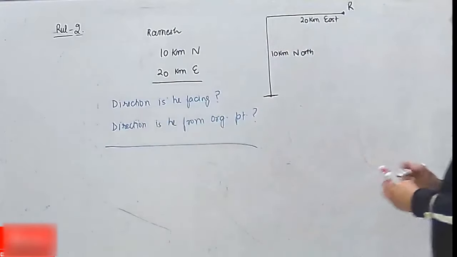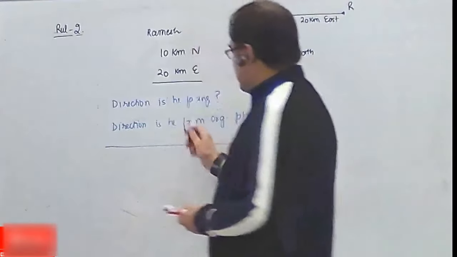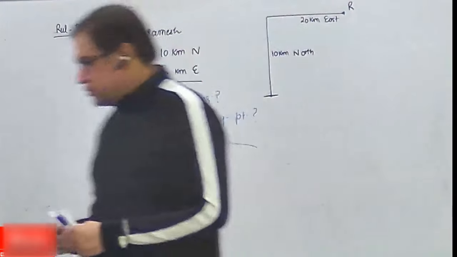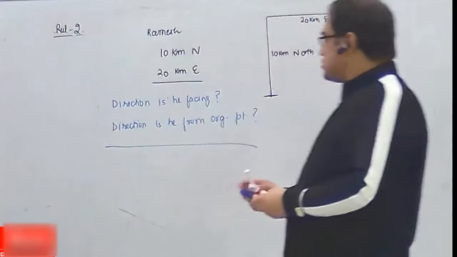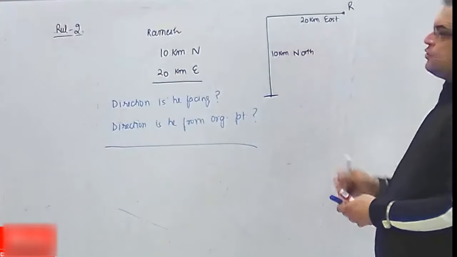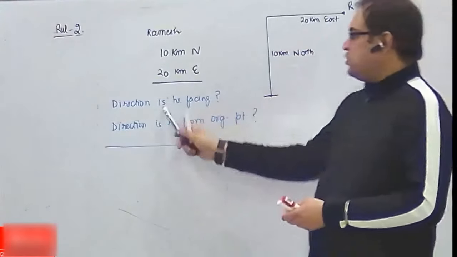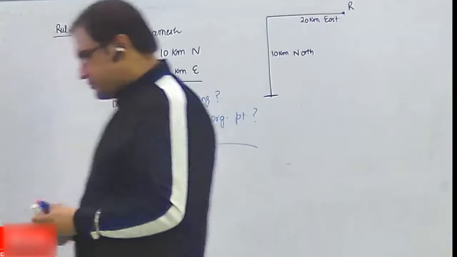Two simple questions. Just find out which direction he is facing and in which direction he is from the original point. Try to give me the right answers to both questions. This is the diagram given to you, and based on it, you need to calculate both. Okay, students, tell me.